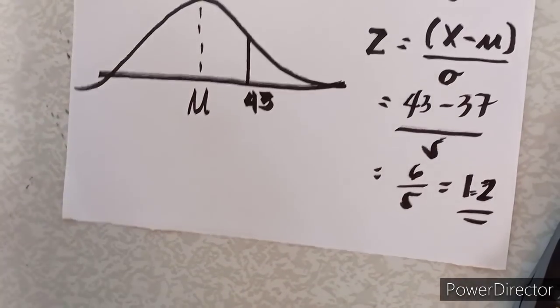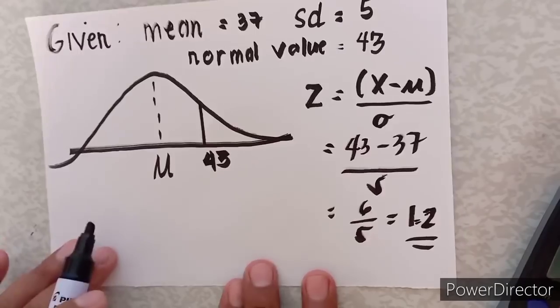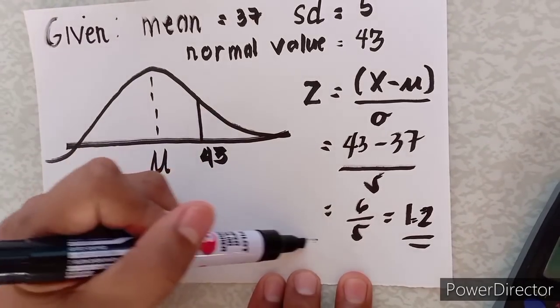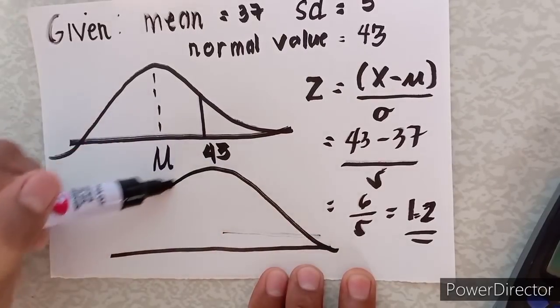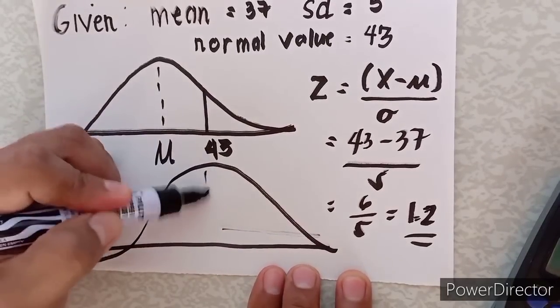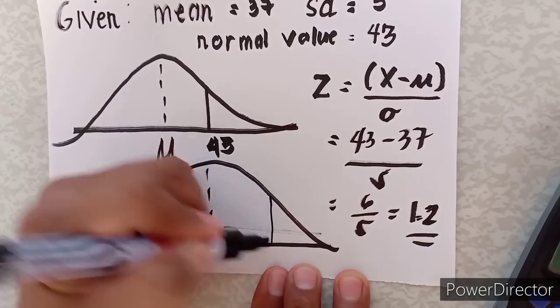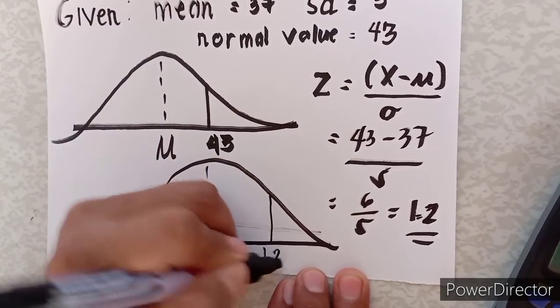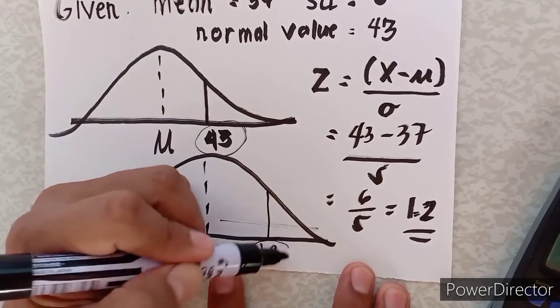Kung ita-transfer na natin dyan into standardized normal distribution, ang magiging itsura niya is parang ganito na siya. Ini-standardize lang natin siya. Ito yung 1.2. So, from raw score, which is 43, nalaman natin siyang 1.2.